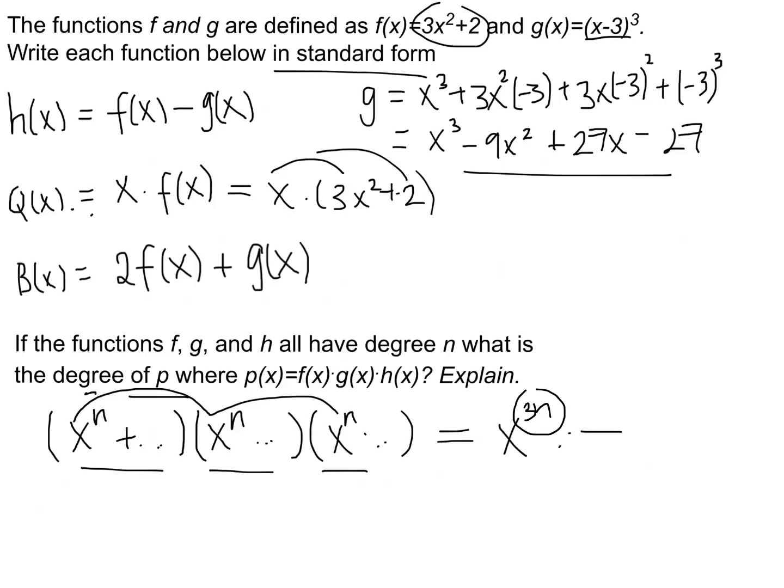Imagine that n were 3, so your biggest exponent was 3, and remember we talked about when you multiply polynomials, the new degree is just the degrees of each added together. And so there I would have 3 plus 3 plus 3, or 9, in other words, 3 times whatever the degree is.